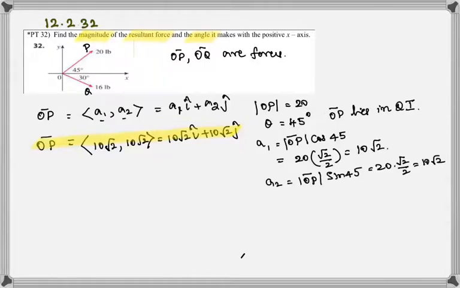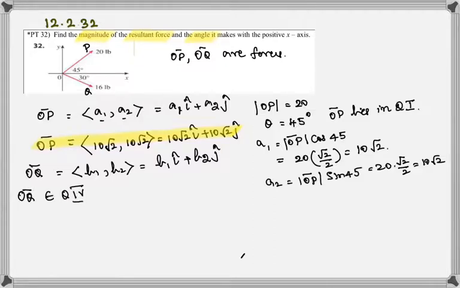Then I will find the vector OQ in a similar way. Let's assume that B1 and B2 are its components, so B1 i plus B2 j written with the help of standard basis vectors. The important thing is that vector OQ belongs to quadrant number 4, which means that the x component is positive and the y component is negative.